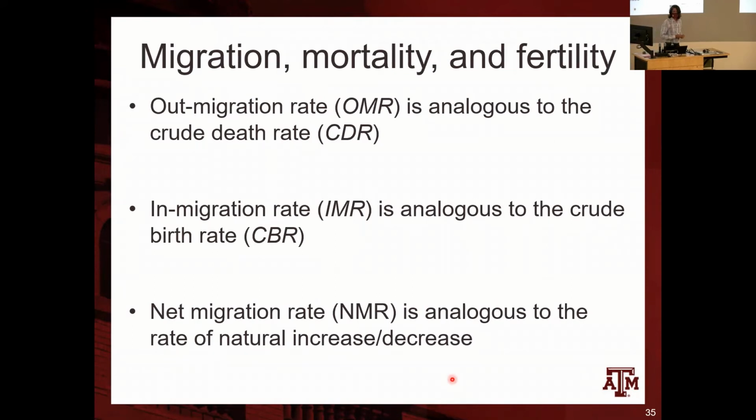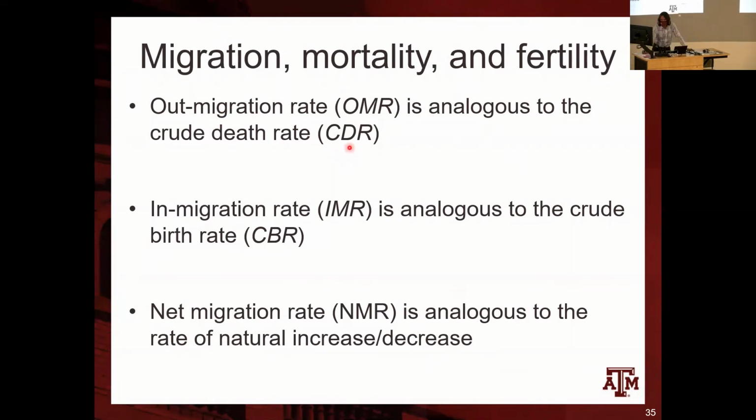Out-migration rate is analogous to the crude death rate in the sense that we are measuring the loss of population in a specific area. Here, in-migration rate is analogous to the crude birth rate, because we are talking about gaining population.